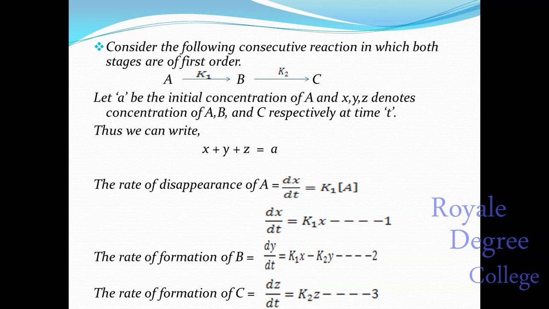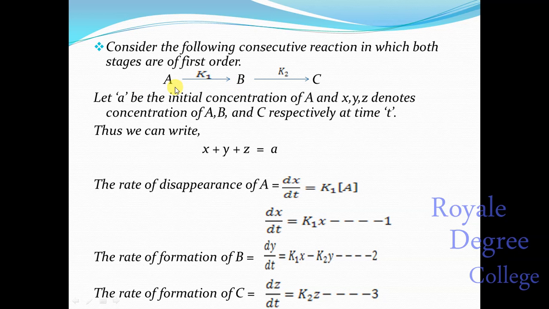Look at this. From the reactant A, at rate constant K1, we get the product B, and from B, at rate constant K2, we get the product C. So here the intermediate is B, and A is the main reactant.